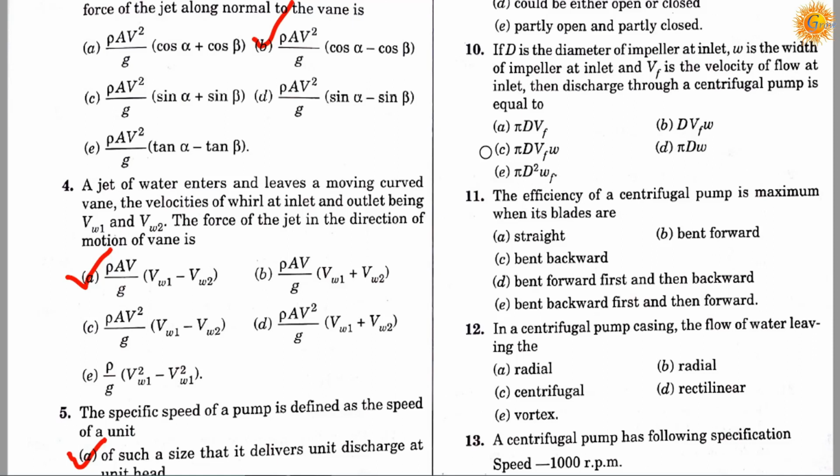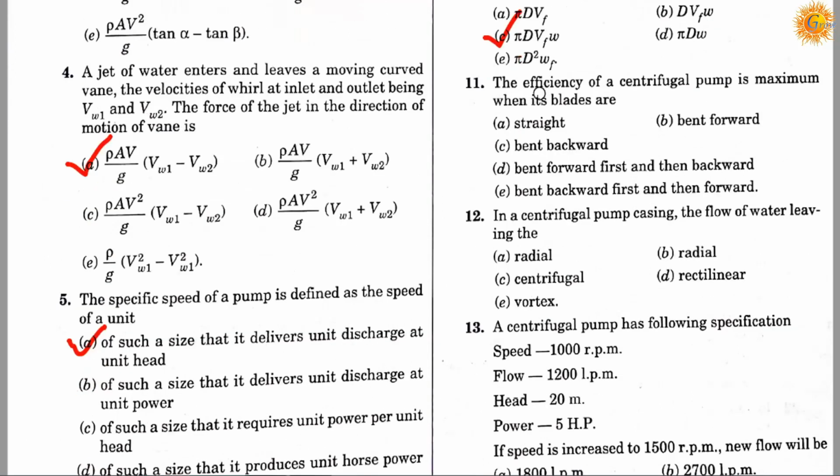The correct answer is C, pi d Vf W will be the discharge through the centrifugal pump.